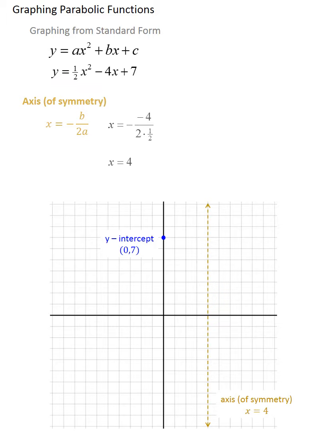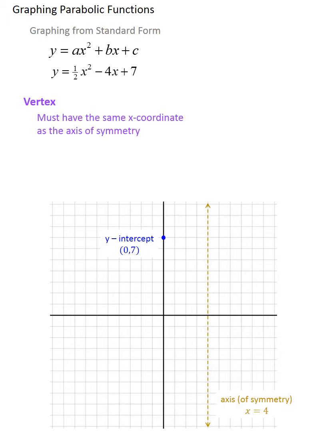Now earlier, I mentioned that when finding the key features of a parabola, it doesn't necessarily matter which order you go in, and for the most part that's true. But I will always find the axis of symmetry before I try to find the vertex, because as you may recall, finding the vertex requires plugging in the axis of symmetry value into the original problem.